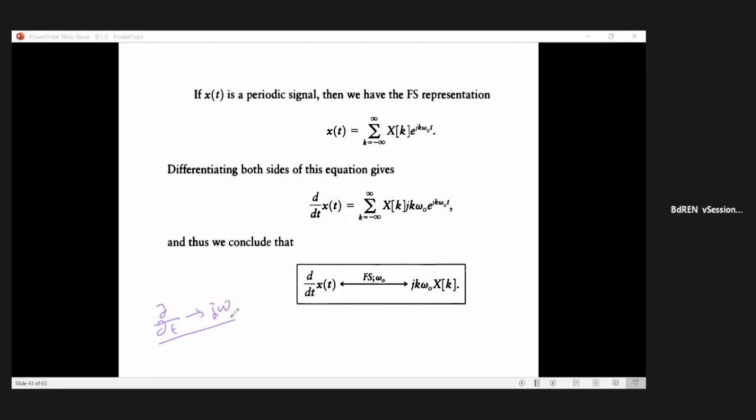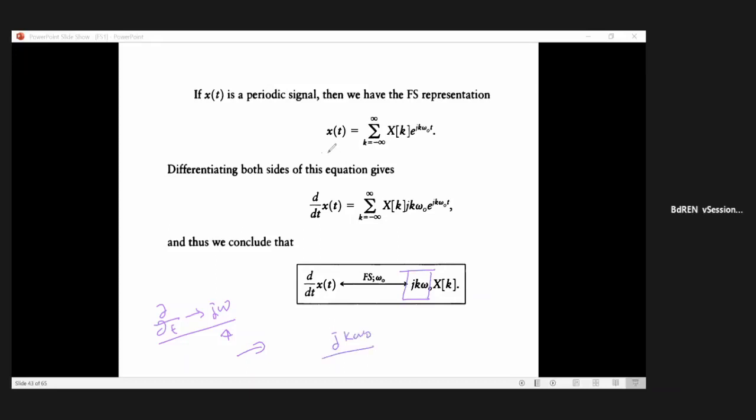In the case of Fourier series, that continuous frequency will not be available, so it will be replaced by the discrete frequency j k omega 0. That means a differentiation of an input signal.